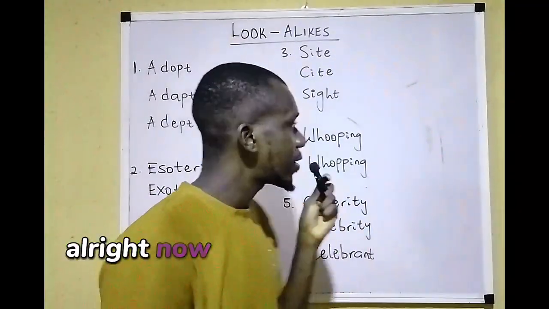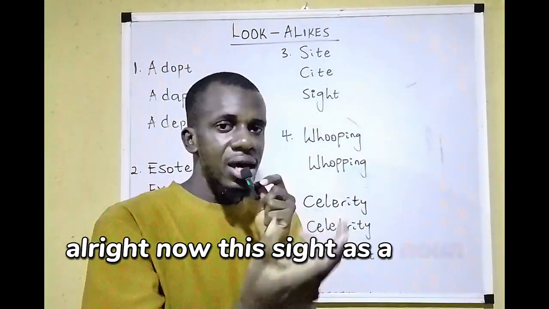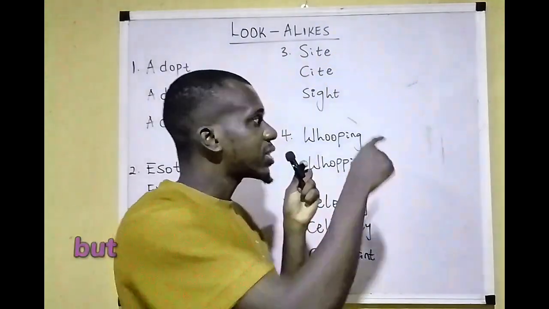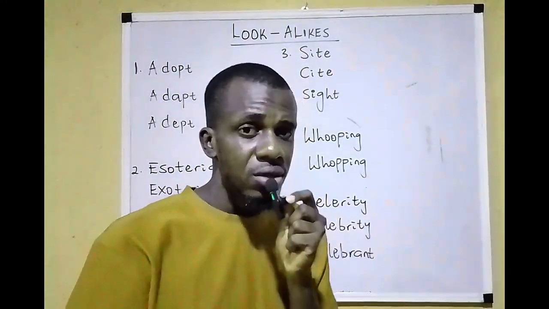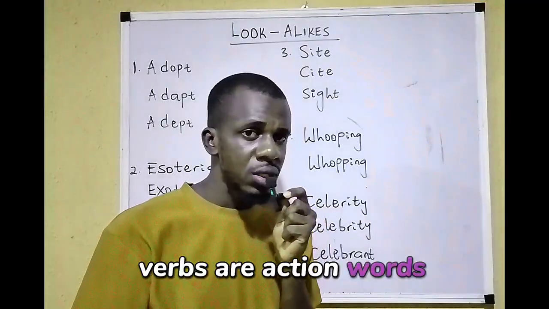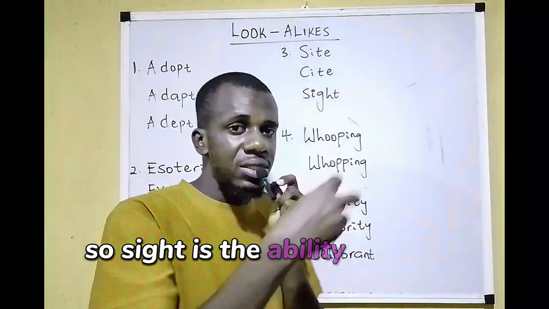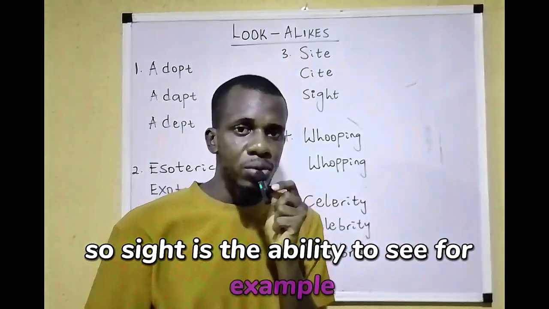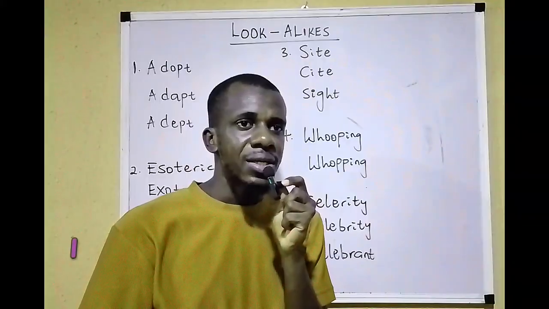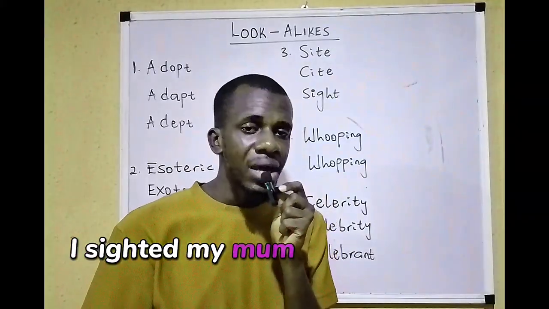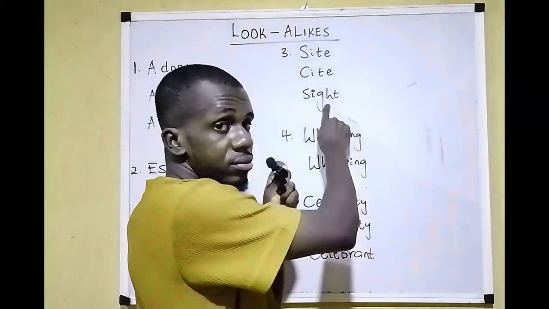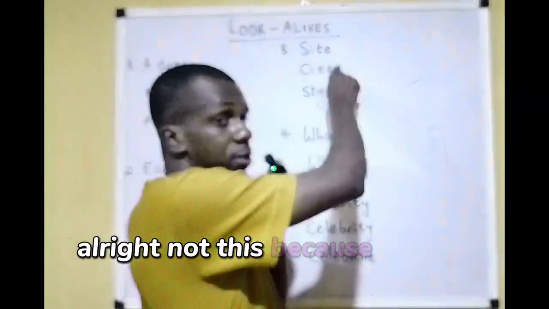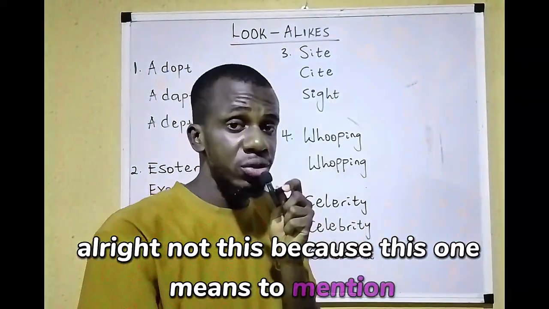Now this sight as a noun is vision, but as a verb it means the ability to see. Verbs are action words, so sight is the ability to see. For example, I sighted my mom at the market. I cited this. Not this, because this one means to mention.